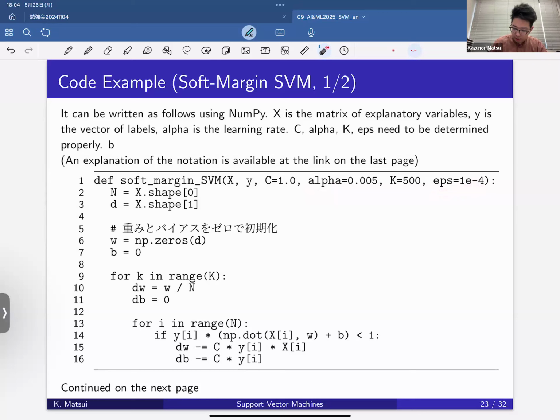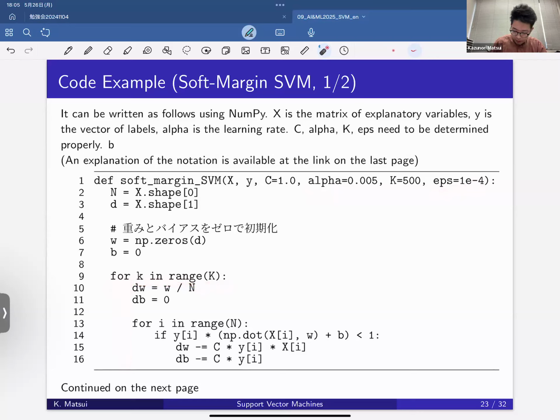This k is for the loop, and the for statement in range is calculating the partial derivative from earlier.